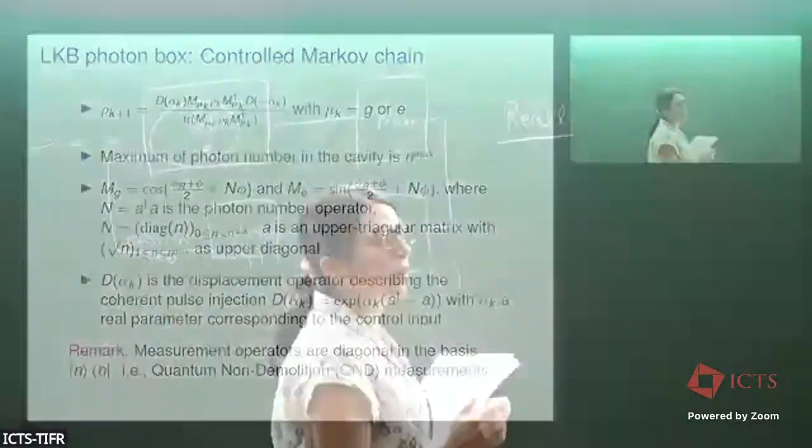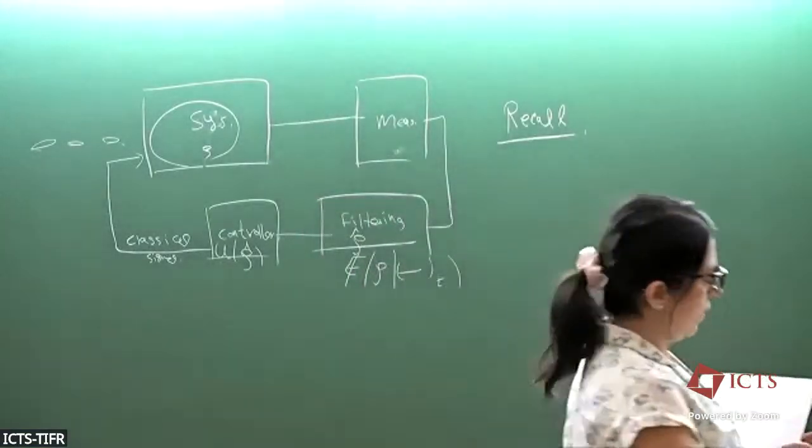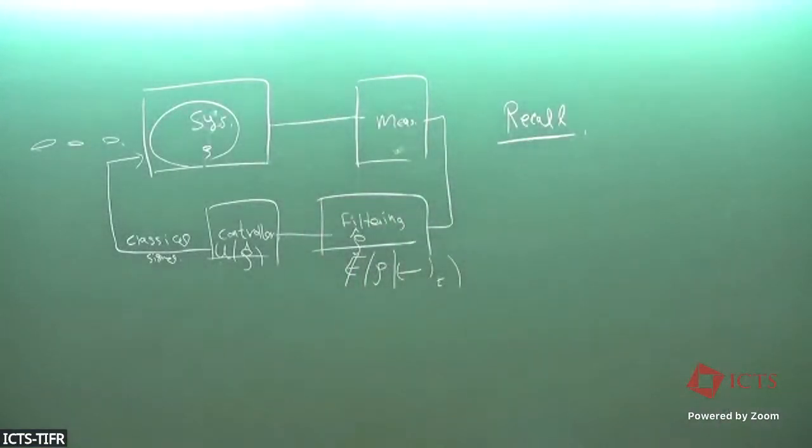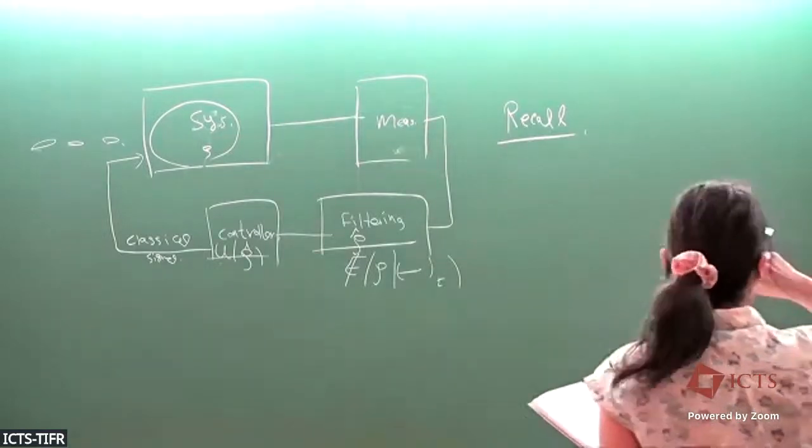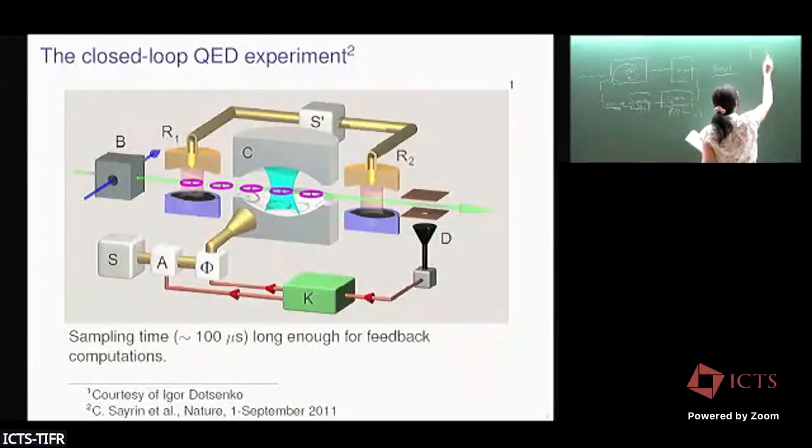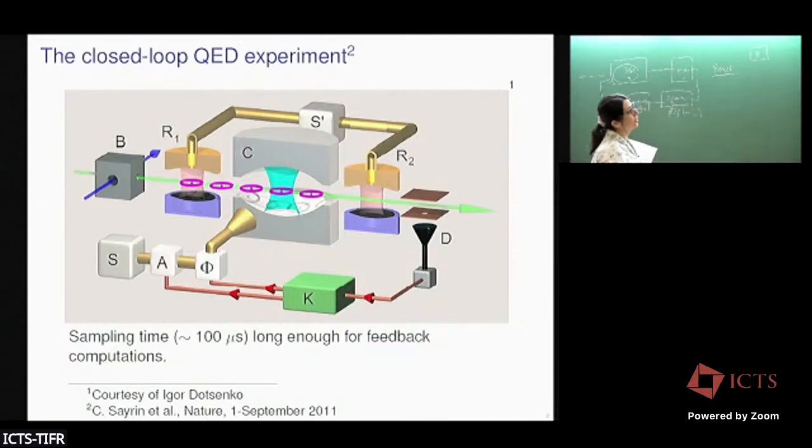So here you prepare the Rydberg atom. I will call this the state of the composite system, which is the state of the two-level atom and the harmonic oscillator, right?